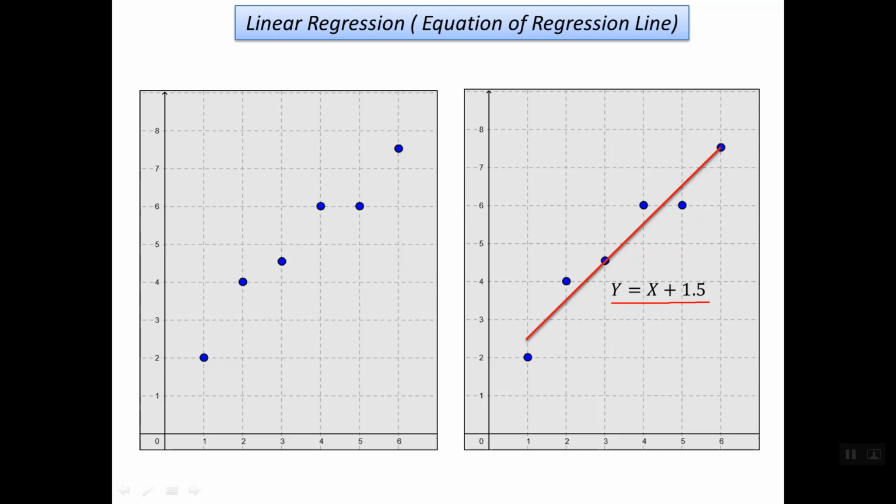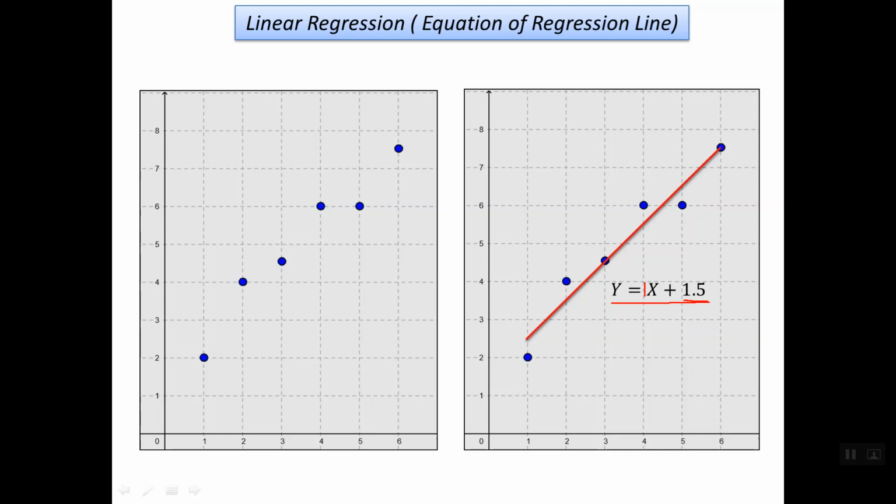So we can conclude from this equation that the value of the slope or the gradient of the line is simply 1, and the intersection between the line and the y-axis is simply 1.5.